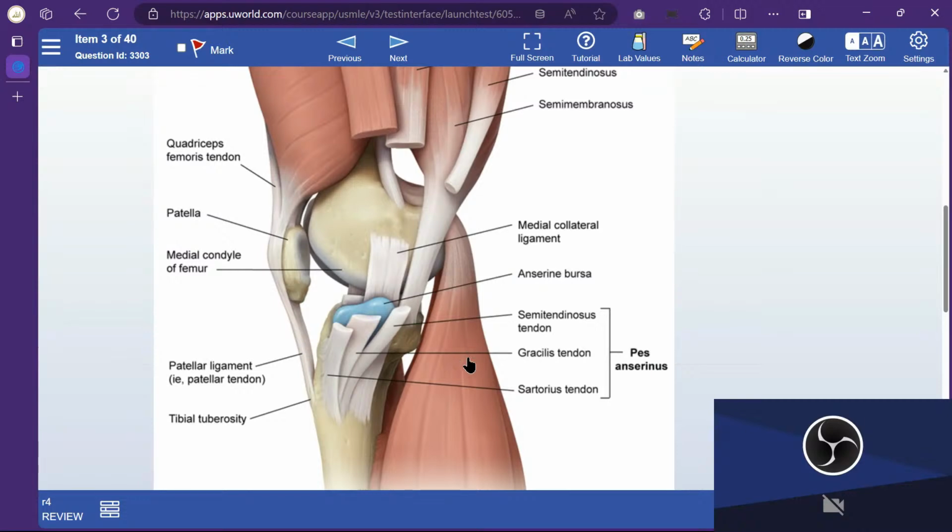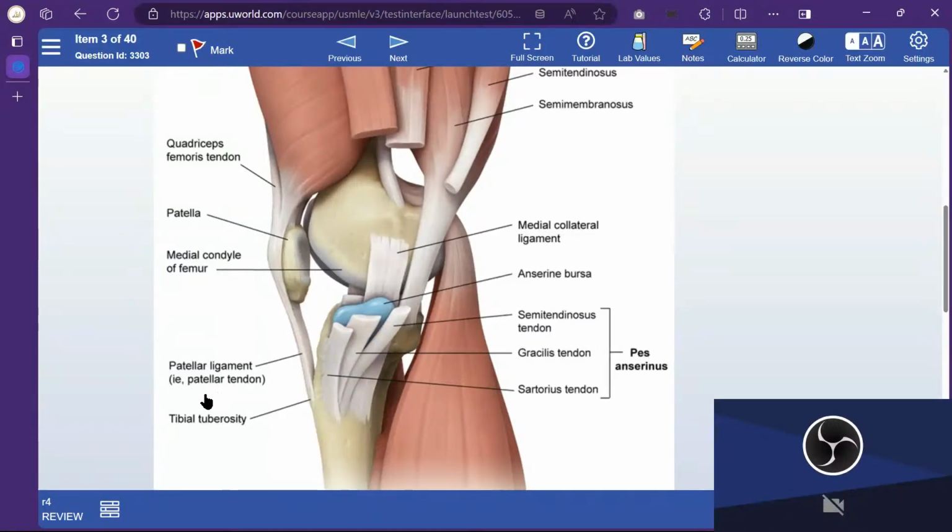Pes anserinus means these three tendons: semitendinosus, gracilis, and sartorius. These three tendons insert in an area called the pes anserinus, and this is the anserine bursa.